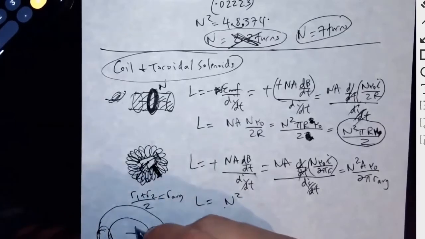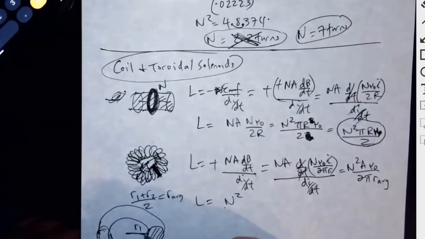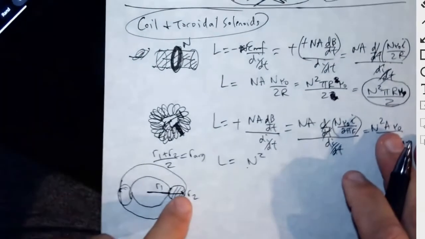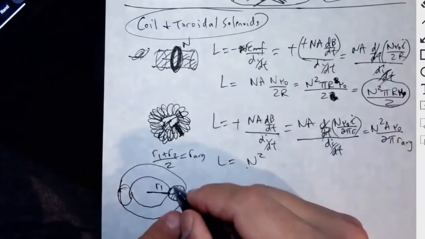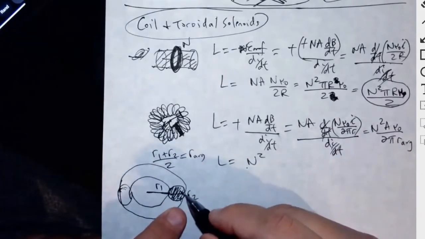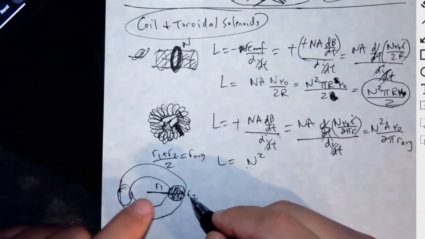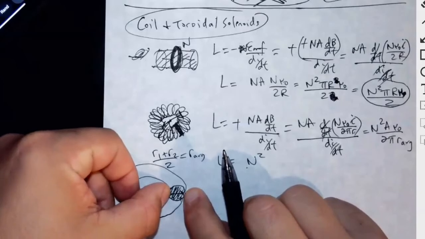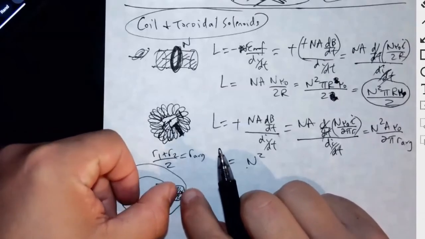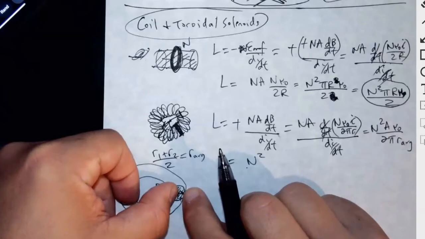So if this is R1 and this guy is R2, our average is this plus this divided by 2. And then the area is going to be this guy. To get the area, I can do R2 minus R1. That'll give me the diameter. And then divide that by 2, right?